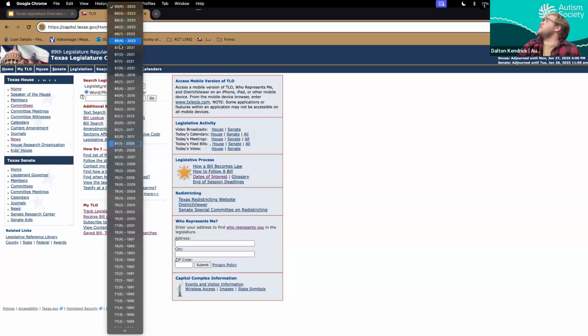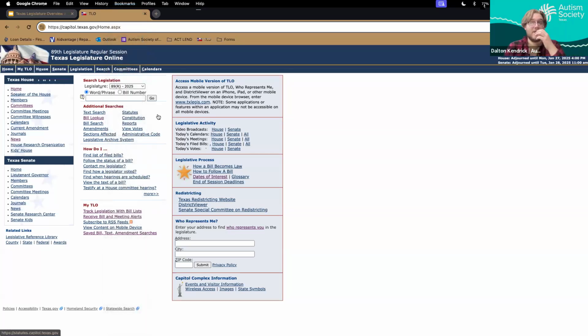But if you look right here, the 88th, when it says in parentheses R, that's the regular session. That's that original 140 days. And on the 88th legislative session, they filed 1, 2, 3, 4 different special sessions is what they called. So you can go see specific ones of those.